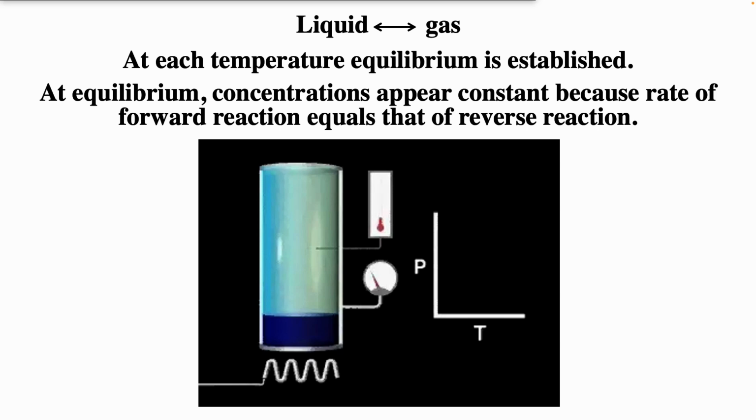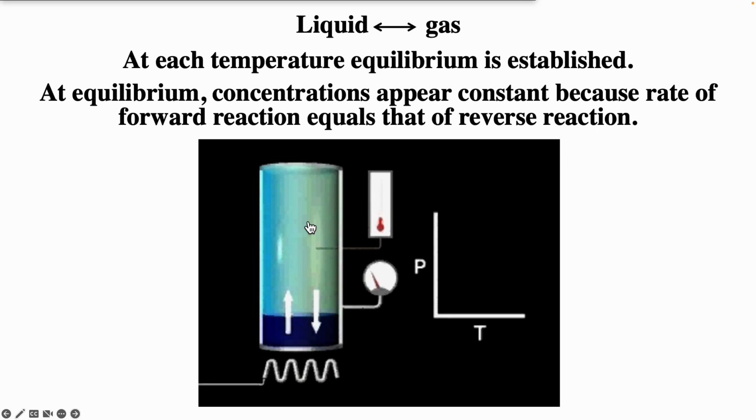If we have a closed container and we increase the temperature, we're going to start causing more liquid to go into the gas phase. A liquid confined to a cylinder, as shown here, with no other substances present, exerts a vapor pressure in the space above it. Molecules continuously transfer back and forth between the gas and liquid phases.